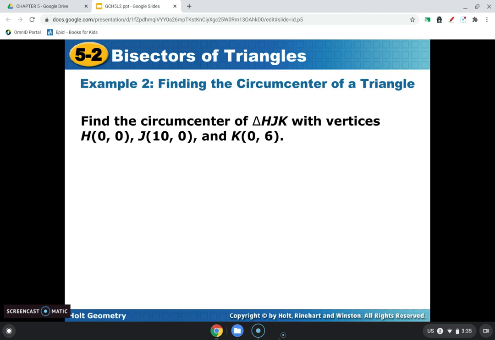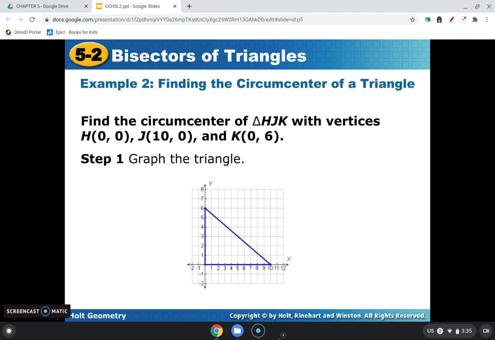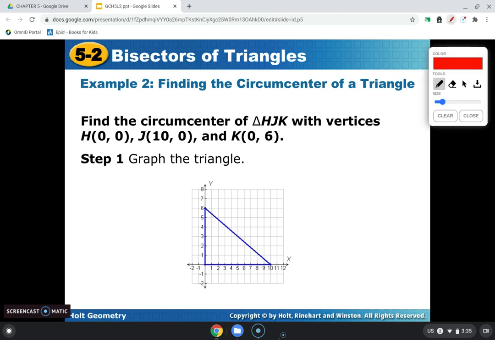I will only ask you to find the circumcenter of a right triangle if we are doing it graphically. So the first thing you would want to do is graph the triangle. Since this is 10, this would be the perpendicular bisector of the bottom leg there.